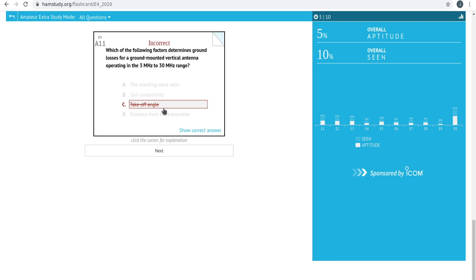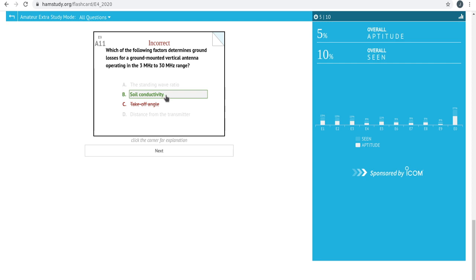Takeoff angle. It's talking about ground losses. Well, the takeoff angle means that you're closer to the ground or not. So wouldn't that also increase your ground reflection and also increase the loss to the ground? Yeah, I'm not exactly sure what they want.